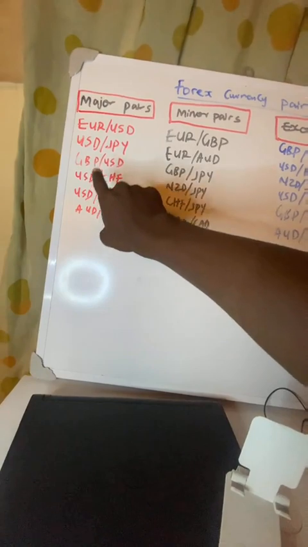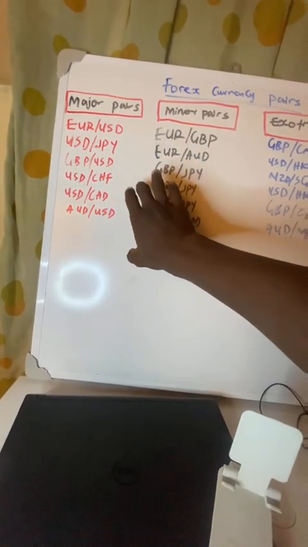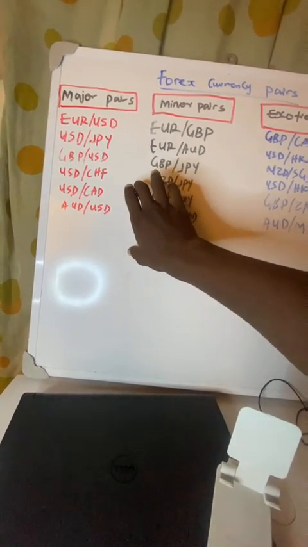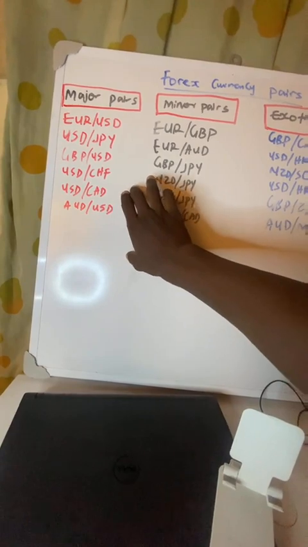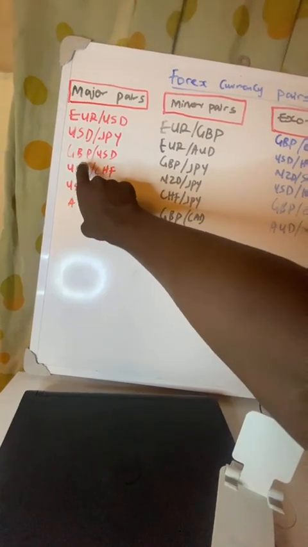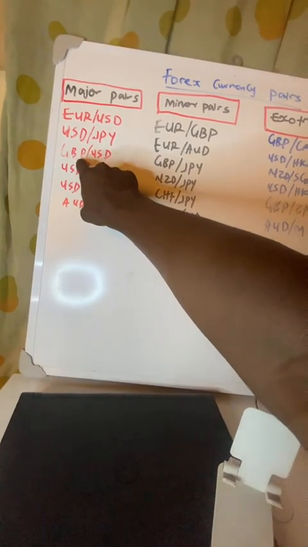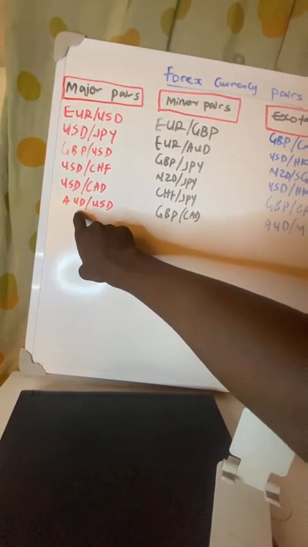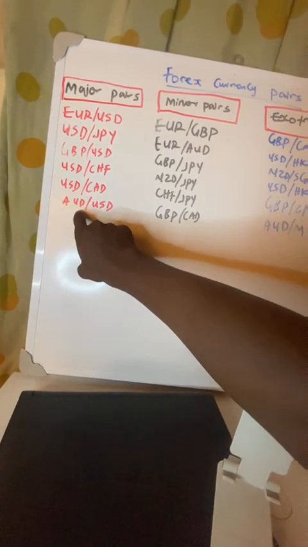So when you observe, the pairs are being quoted based on the country and the country's currency name. Like let's say the GBP, this is the Great Britain pound, so they use pound. The first two letters are the country, something like Australian dollar.